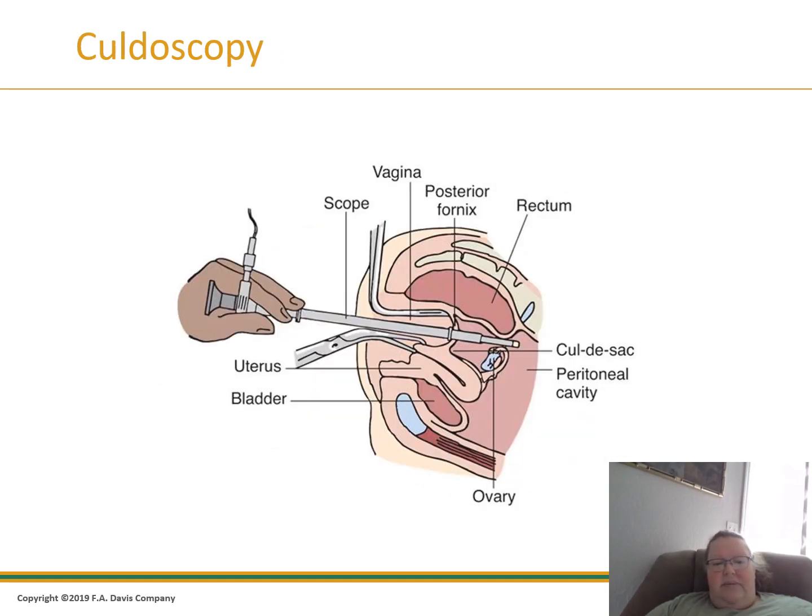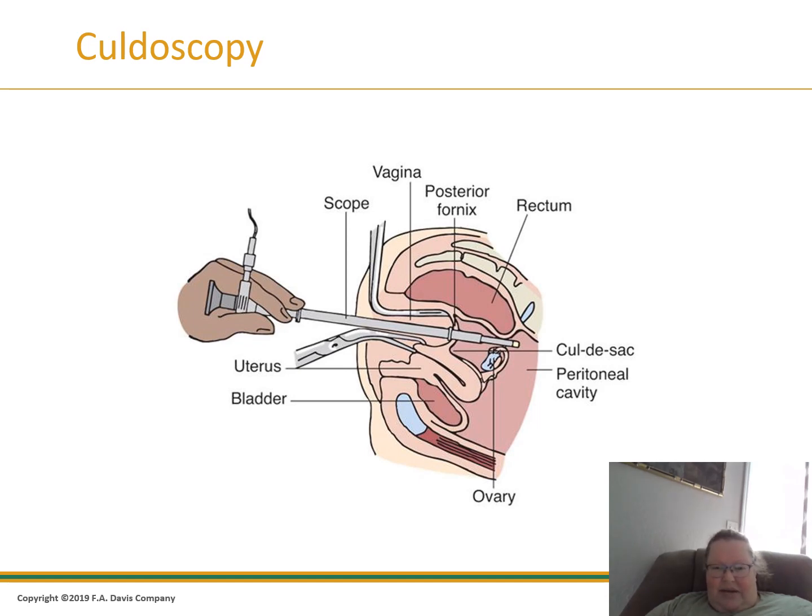This is a colposcopy. This is going through the vaginal canal and looking and seeing. They make an incision. Here's the vagina, right? Here's the scope. There's the rectum right here. These are the ovaries. I don't know what they call it.